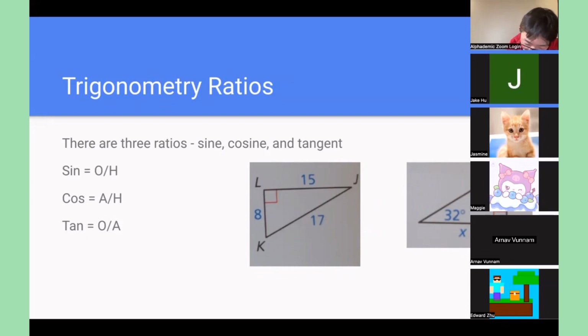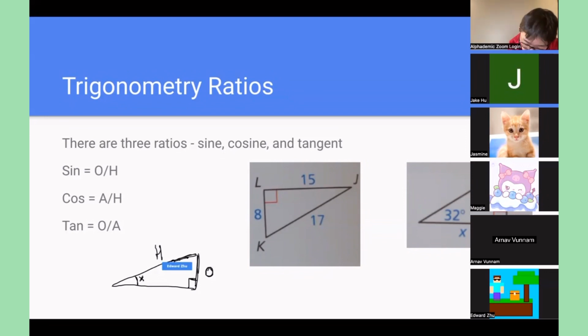It means that for any triangle, and remember, for this it should always be a right angle triangle. So say this is x, this little angle right here is x. Sine would mean the ratio of the opposite side, this side right here, over the hypotenuse.